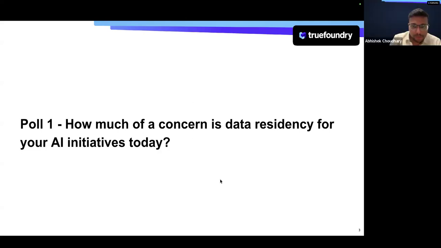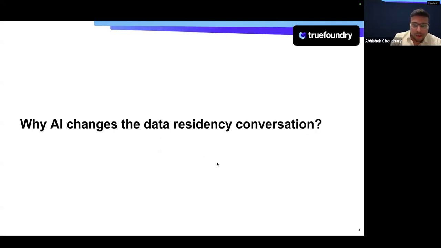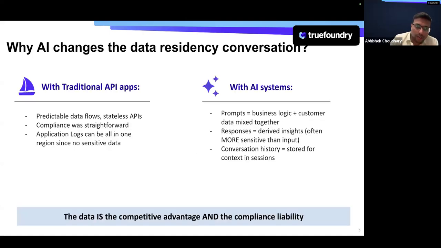Cool. So the first question to ask is, has this problem become even more complex or more prevalent because of the coming of AI? There are a few factors that are slightly different from how traditional applications worked. In traditional applications, your APIs used to be deterministic.